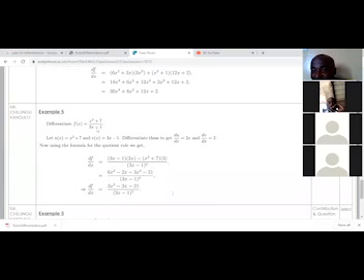Yes, sir. Can you go further to find the second derivative? The second derivative we are finding is of the first derivative. Yes, you can go further, because sometimes if you are given position and you want to get acceleration, you have to differentiate twice.